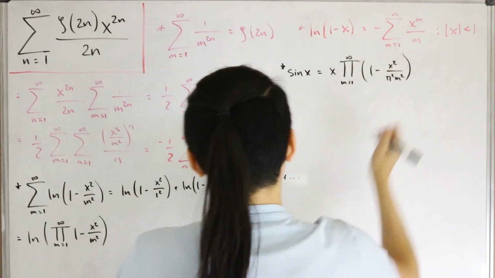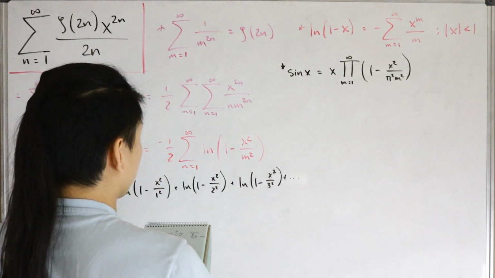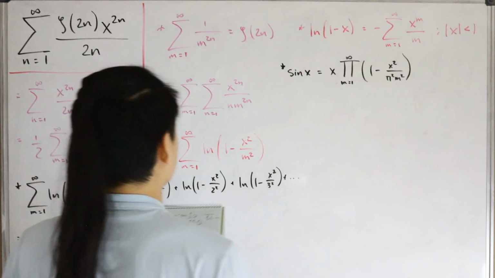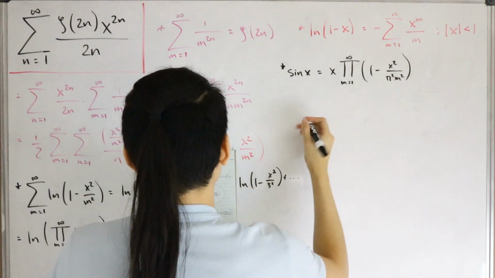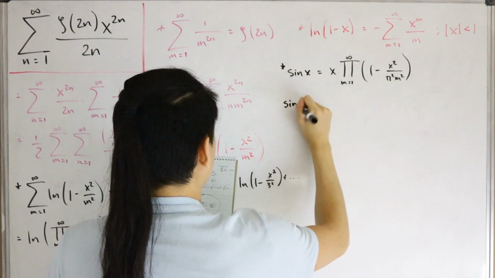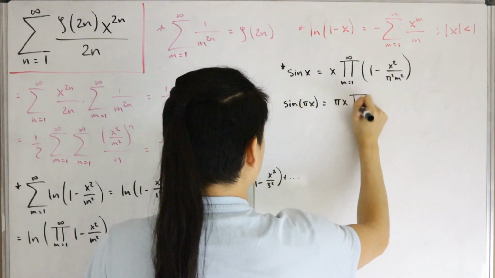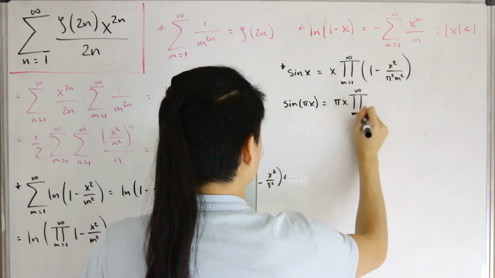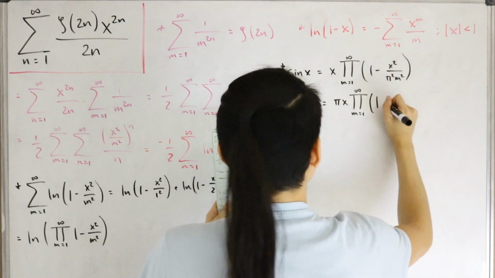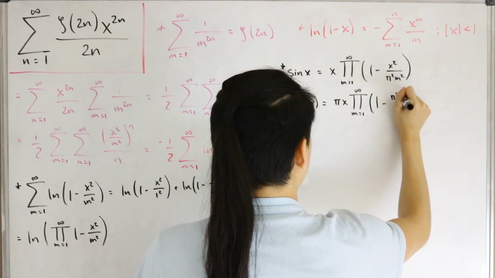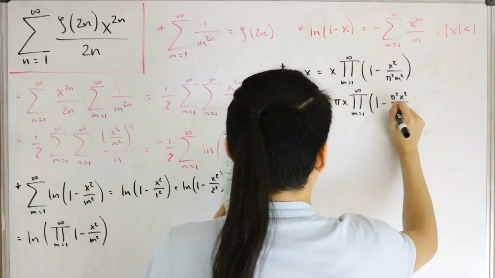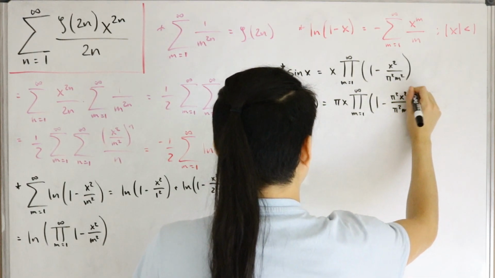And close that off. Now let's suppose that I substitute x for x times pi, or pi times x. That means sine of pi x is going to equal pi x, and then our infinite product, m equal to 1, of 1 subtract pi squared x squared divided by pi squared m squared.